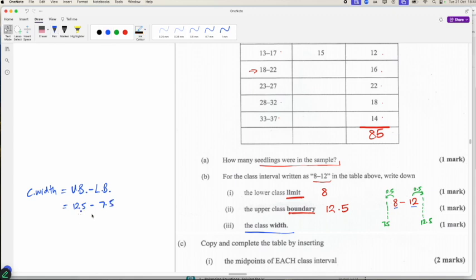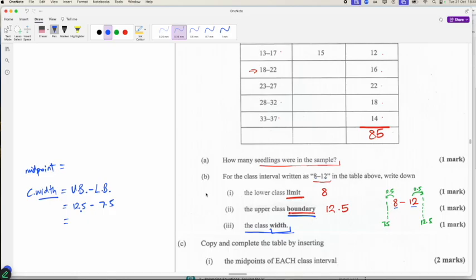So that's the next thing, Chevelle. When you're calculating class width and class midpoint, those are the two things you had to find, the width and the midpoint, you do not use your limits, you use your boundaries.